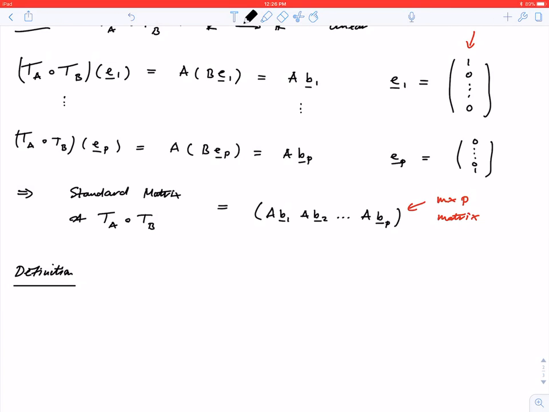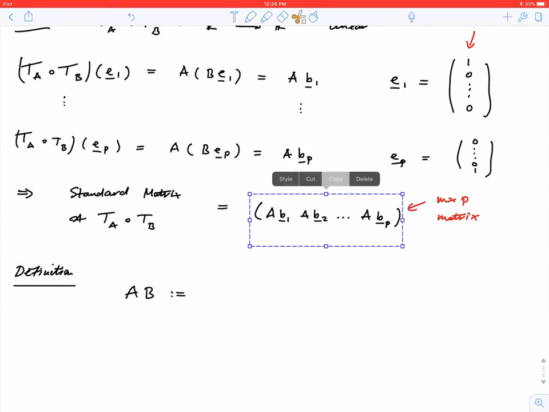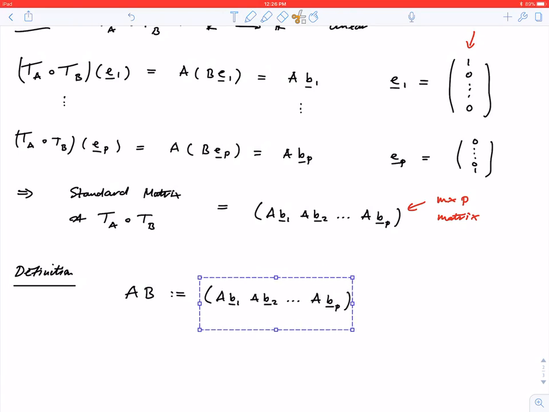If I have two matrices above, we write down A, B. By definition, this is equal to exactly what I've written here. It's the standard matrix of the linear transformation given by composition of linear functions.